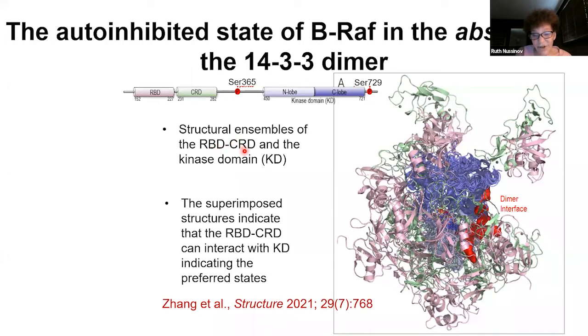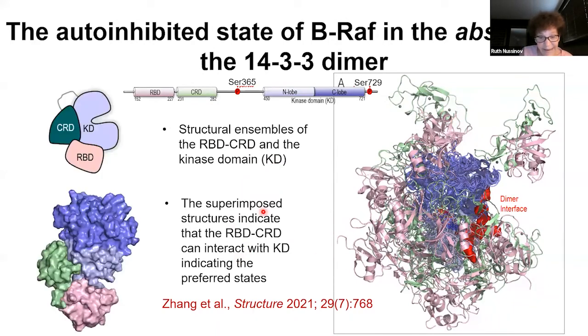The cysteine rich domain binds the membrane and the kinase domain. So we look then at the superimposed structures, and they indicate that the RBD and CRD can interact with the kinase domain here in the autoinhibited state.